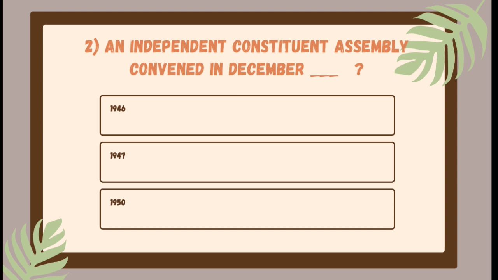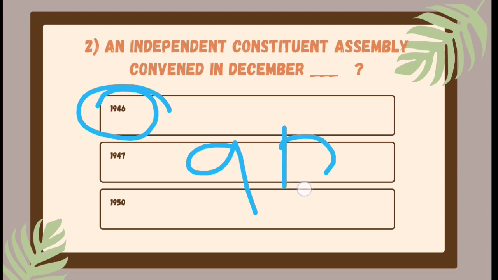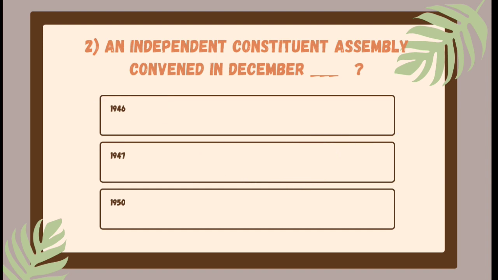The correct answer for question number 2 is the year 1946, 9 December. You can remember the date also. On 9 December 1946, the Independent Constituent Assembly was established, or you can say it was formed, for making the Indian Constitution. Okay, quickly go to the next question.